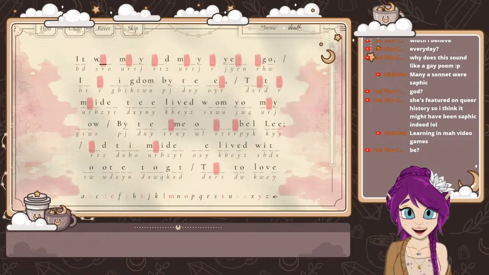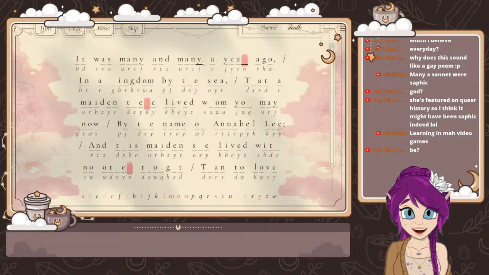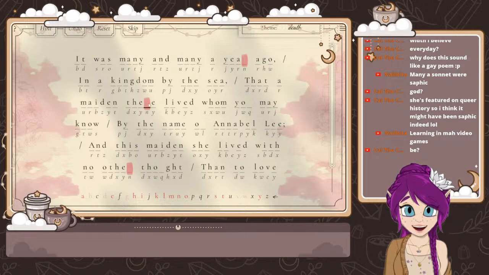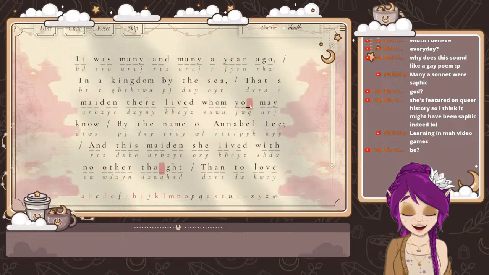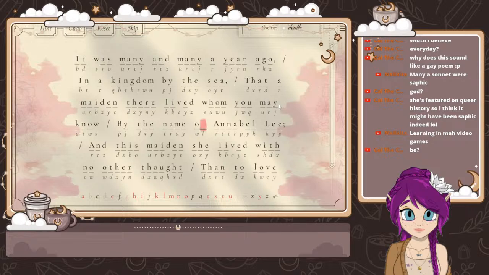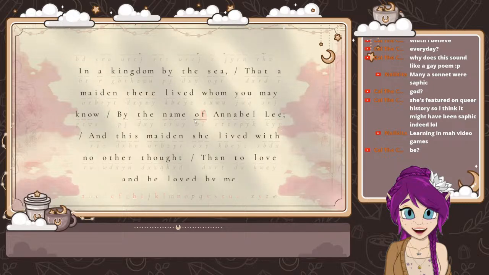It was many and many a year ago, in a kingdom by the sea, that a maiden there lived who you may know by the name of Annabel Lee.